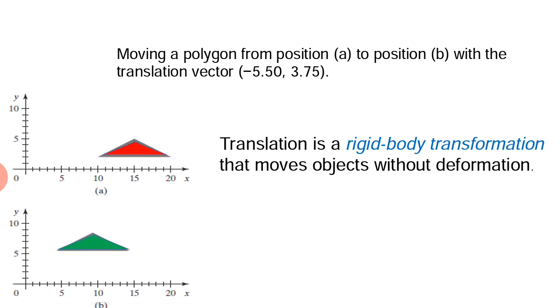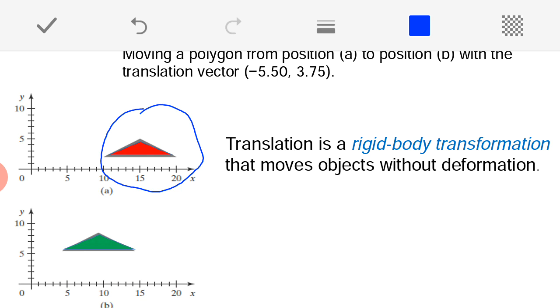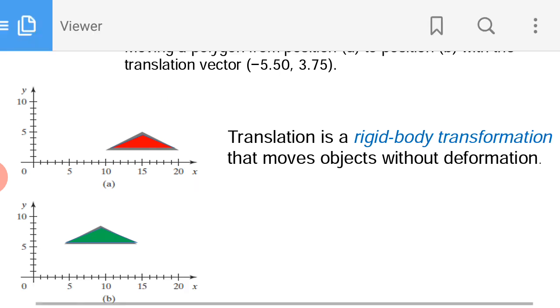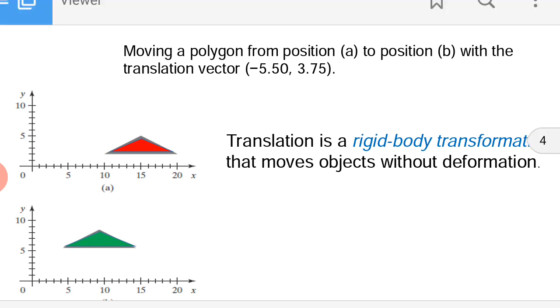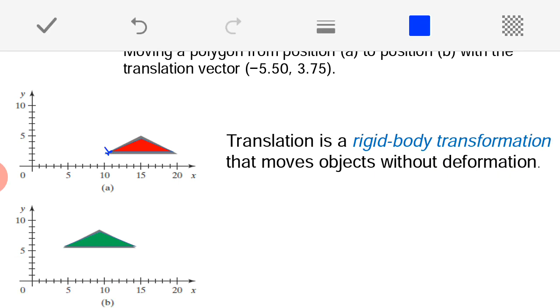Let us move to one example. Hopefully it will get clearer. This is the triangle example that I have taken, and this is my original triangle. Look at the values here. For this particular vertex, what are the x value and y value?